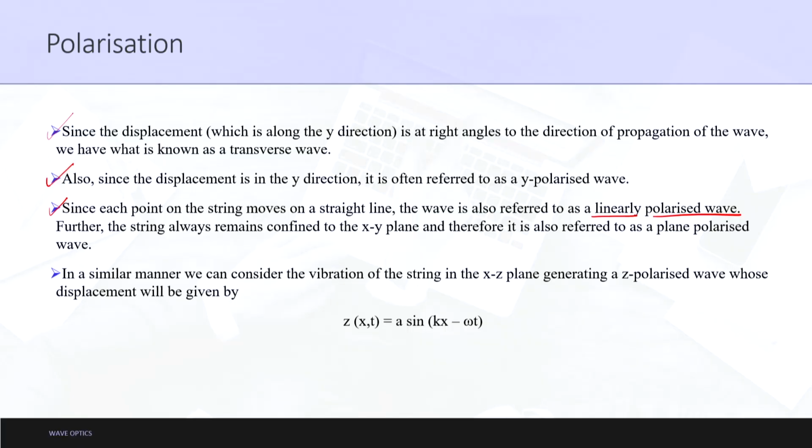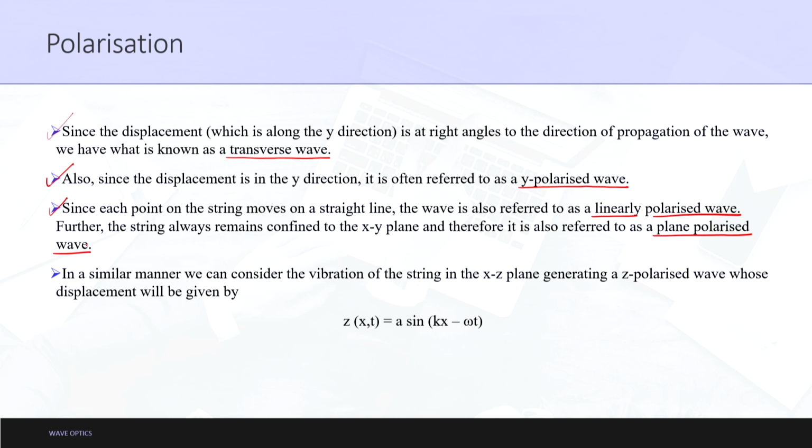Because every point before propagation was on a straight line, it is also called a linearly polarized wave. And because it is always in the xy plane only, it is also known as a plane polarized wave. You just need to remember these names: transverse wave, Y polarized wave, linearly polarized wave, and plane polarized wave. These were the different concepts.